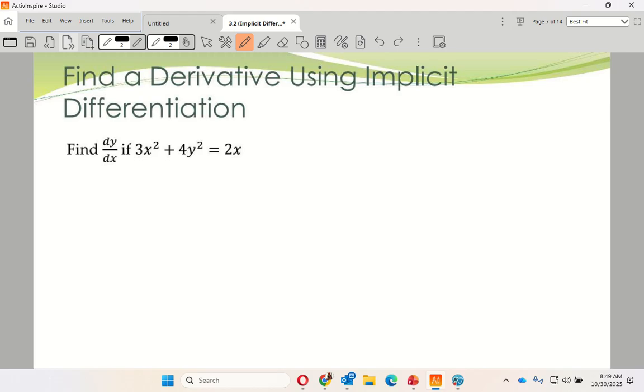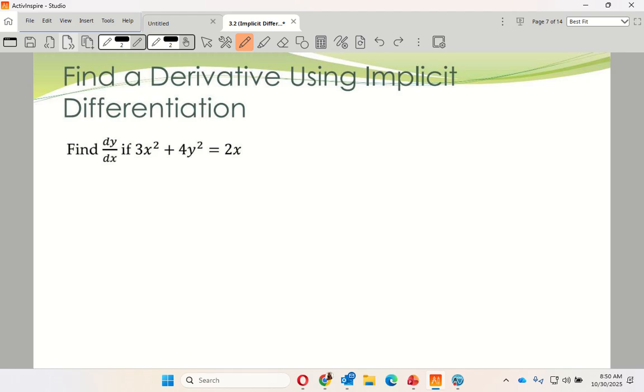But in a circle, for one x coordinate, we should have a y value up above and a y value down below. So one x would have two y's, which means it's not a function. I can't graph it normally. That's the reason I put it in relation to graph it into my calculator. So we can still graph this.